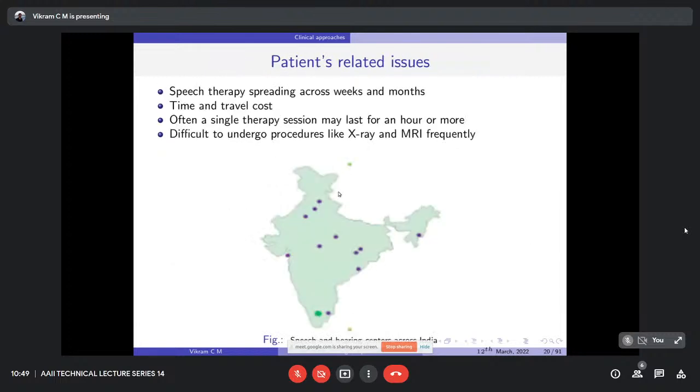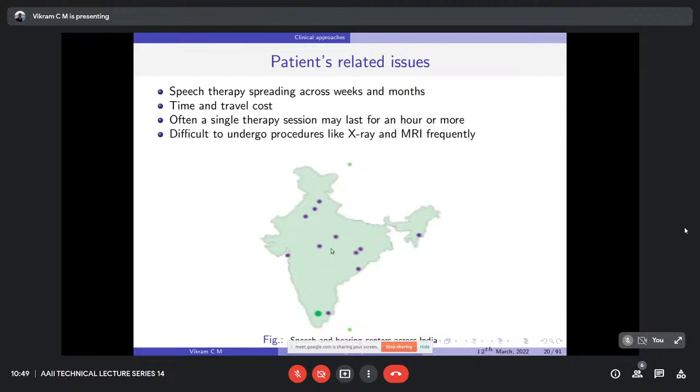Especially in our country, very few such speech sound evaluation clinics are available. There are some central government sponsored clinics, but imagine our population. For this population, these kinds of centers are very few.